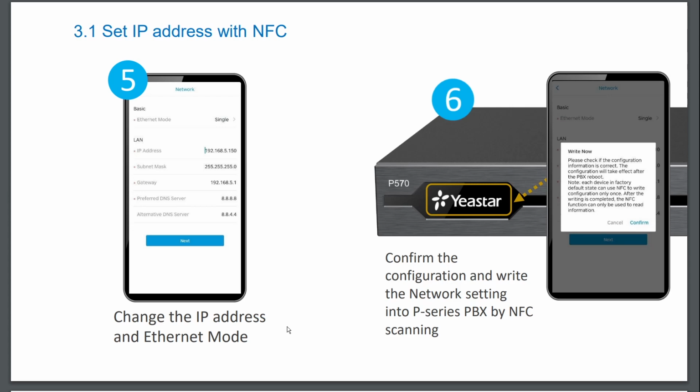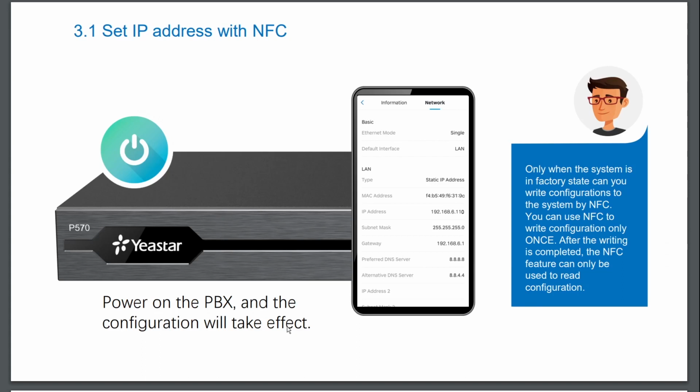And once you finish the edit, then you scan the PBX again. Make sure all of the information you just wrote on your application has been transferred to the PBX. And then we can power on the PBX and all of our configurations will take effect.